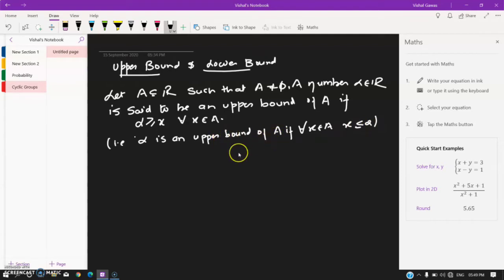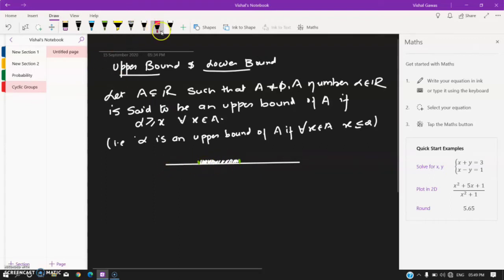Right? That means if I look at my set, say, on a real line, and if this is my set A, all elements of A are on the real line.